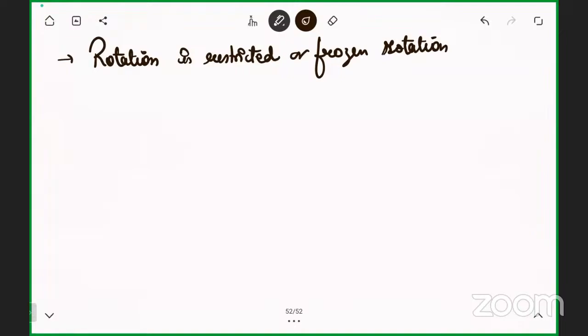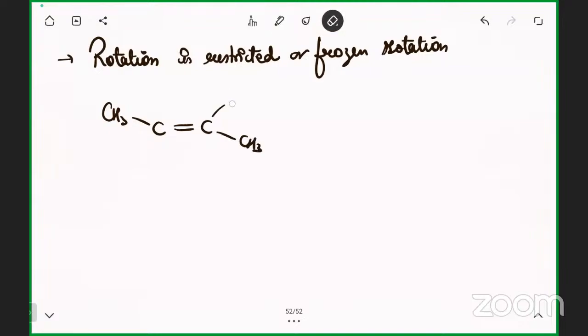Let me give you one example. Basic example I'm taking, butene.